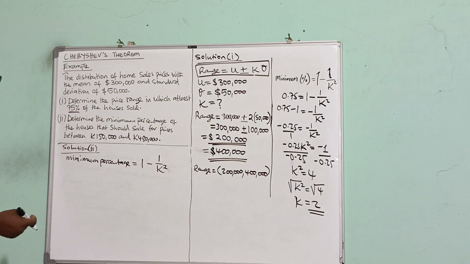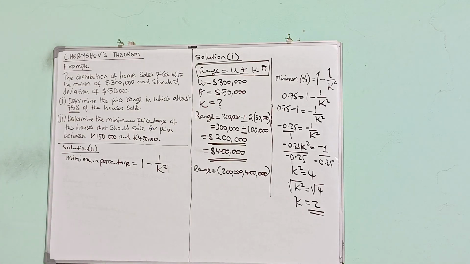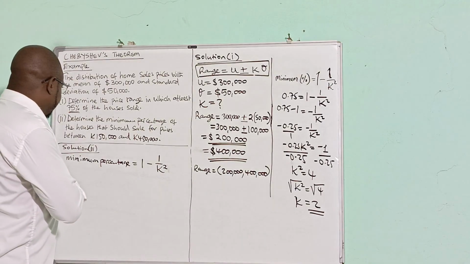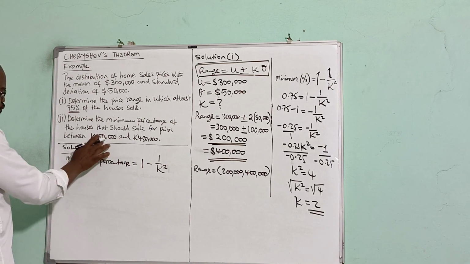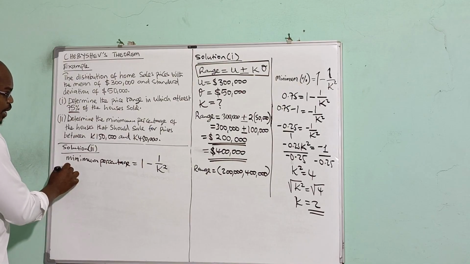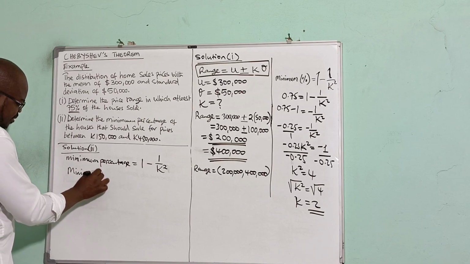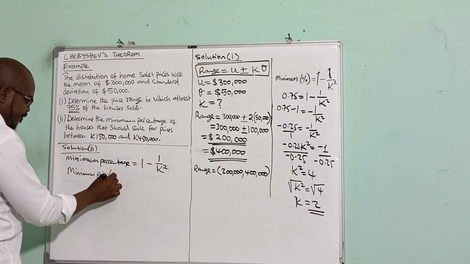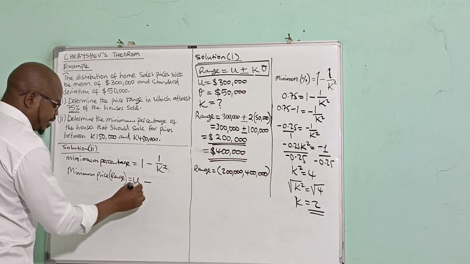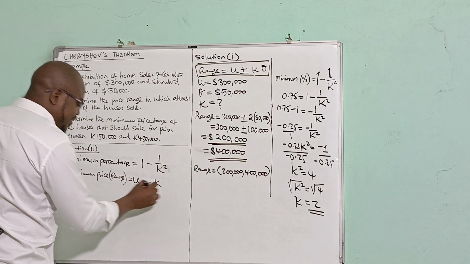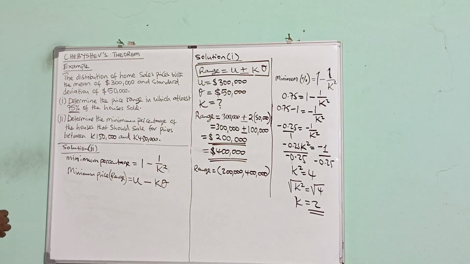And I need to choose whether to use minus or plus. It's up to me. Okay? The answer will still be the same. Let me use the formula for minimum. Remember, minimum price, this is under the formula for range. Minimum price is just the mean, and then minus K standard deviation, like that.